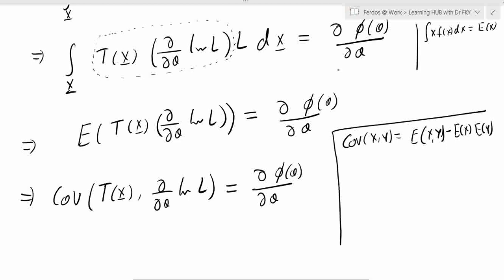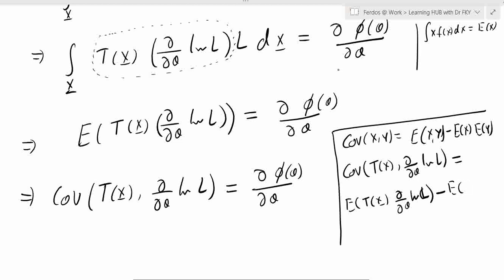So if you replace this x by dx and y by this one, you can write the expected value of dx times the partial derivative of L, minus the expected value of dx times the expected value of the partial derivative with respect to theta, and this quantity is equal to 0 from lemma 1.